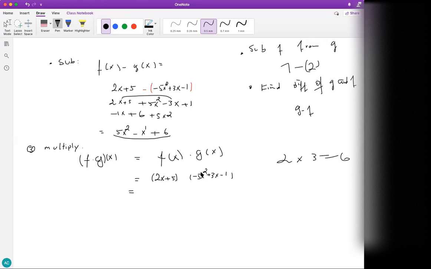So 2x times negative 5x squared will be negative 10x cubed. We have x to the first here. When we multiply by x squared, we add the powers. That's what we saw when we did the rules of exponents. Then this one, what is 2x times 3x? 6 what, everyone?